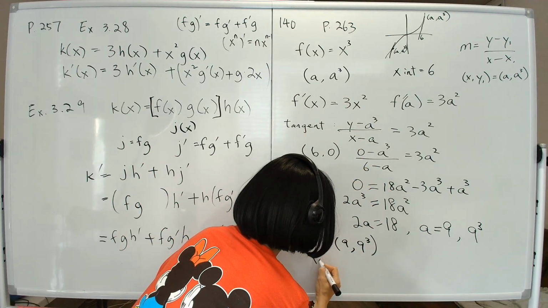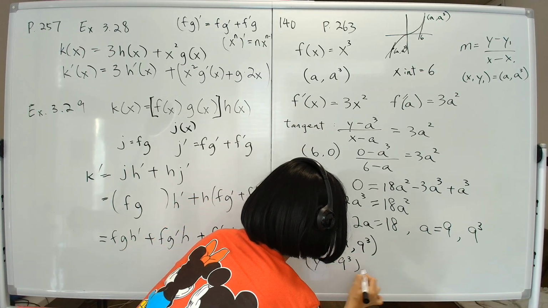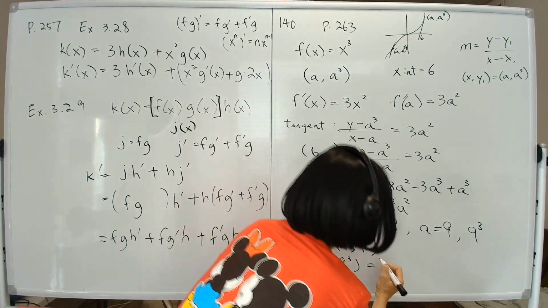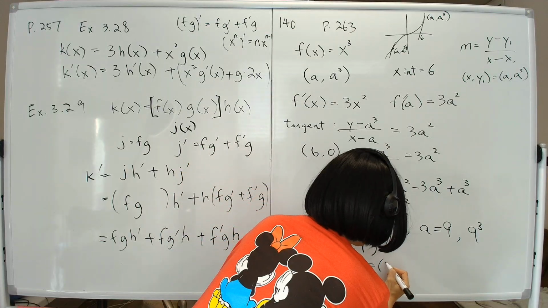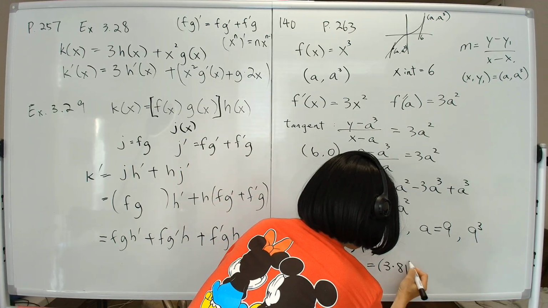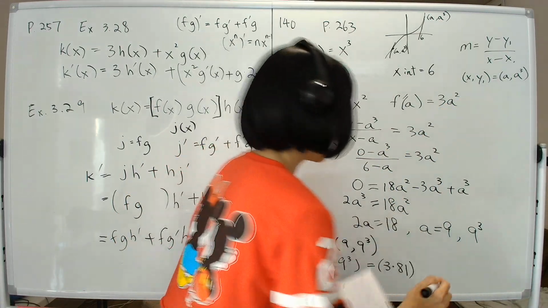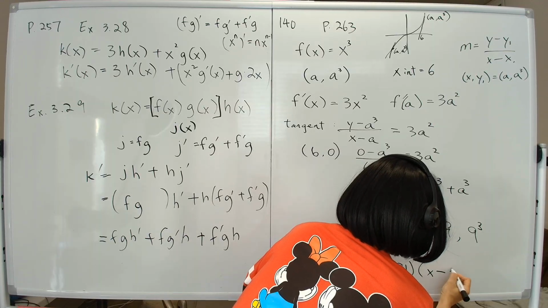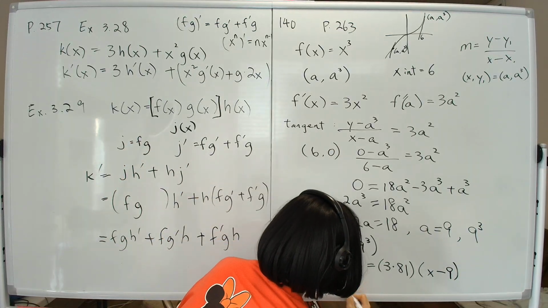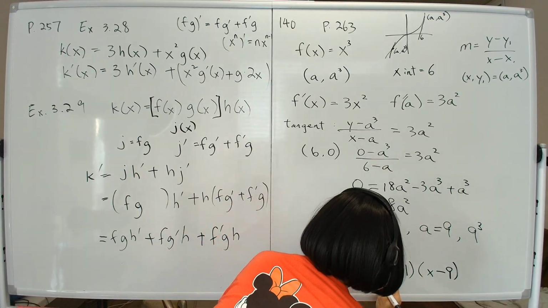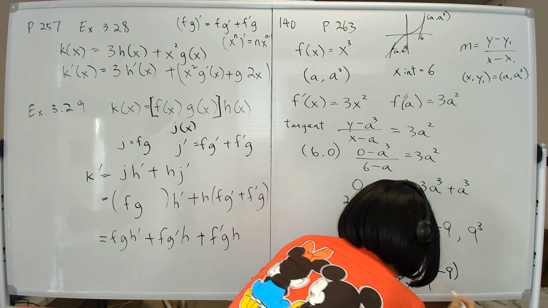The tangent line is y minus 9 to the power 3 equals the slope, which is 3 times a squared, 3 times 81, and then x minus 9. If you clean that up even more, then you get y equals 243x minus 1458.